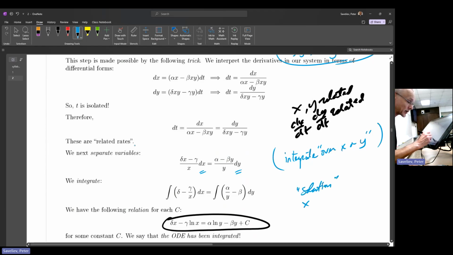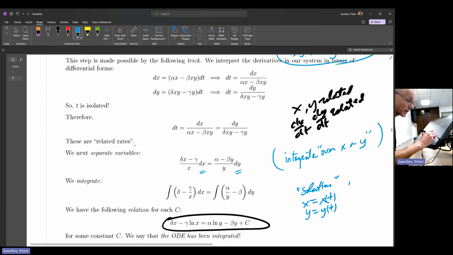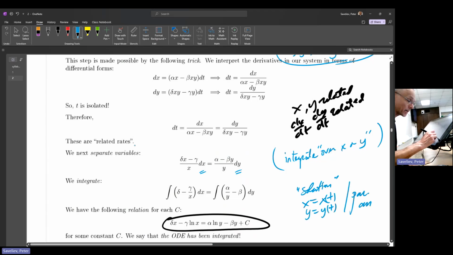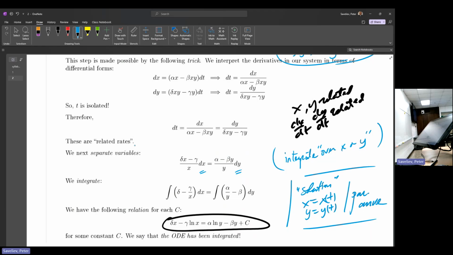Solution is x of t, y of t. This is the parametric curve. That's the solution. That's what we're supposed to have, and we don't. And we won't. Well, we might, but how?